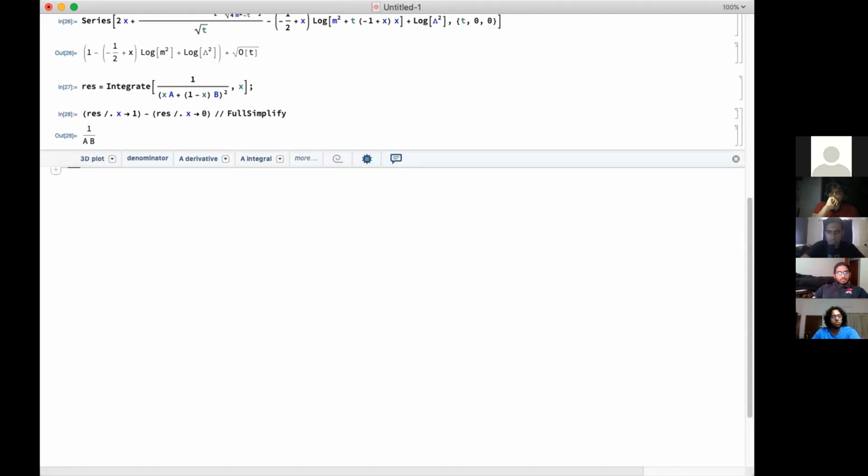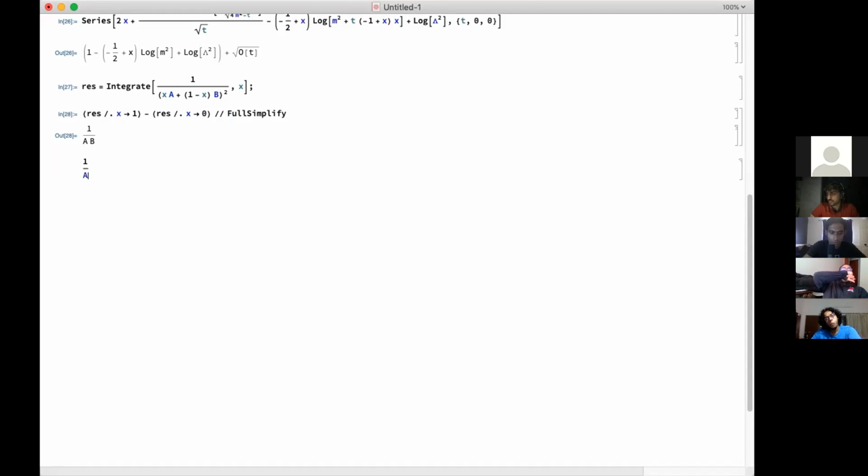What would we like to extend it to? We would like to extend it to something like 1 over ABC, right? So how would we do that? Or you want to extend it to something like 1 over A power X, B power Y, stuff like that. Those are the most general kinds of integrals you're going to be seeing at any loop order. They'll all kind of look like that.